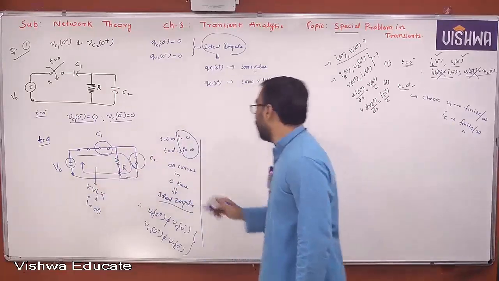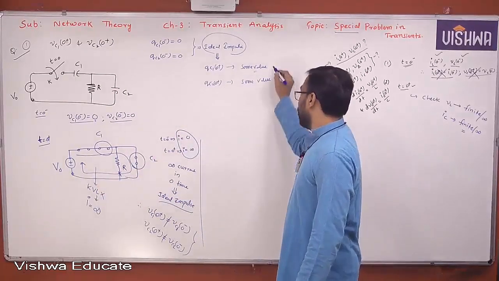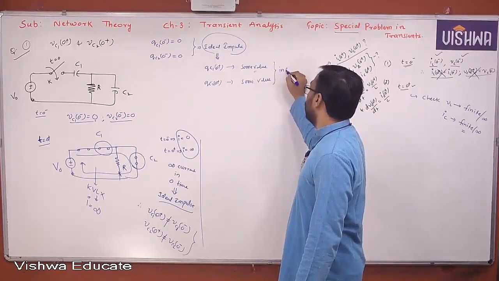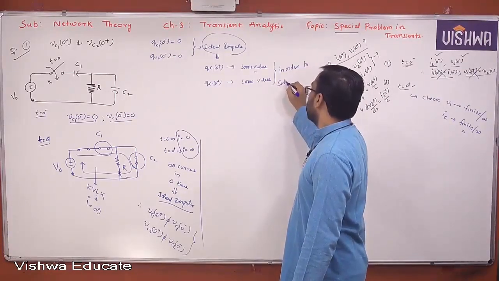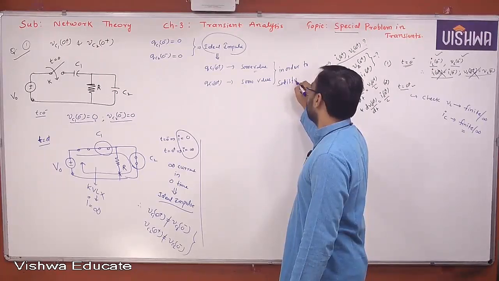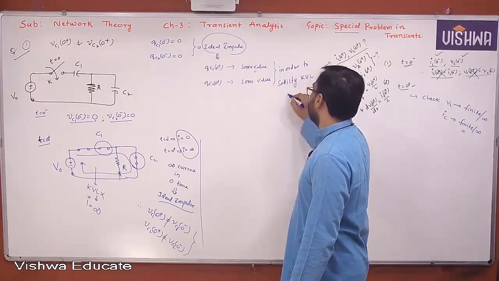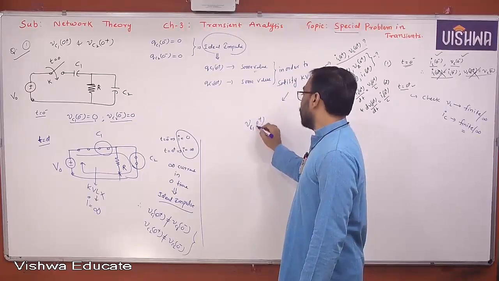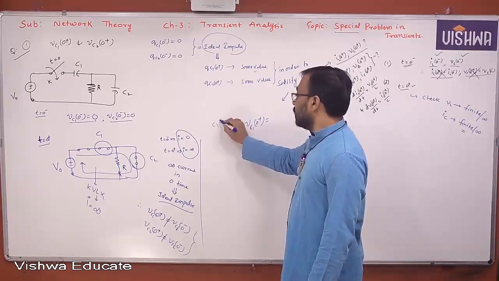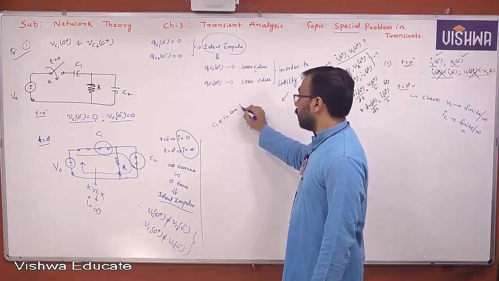To satisfy Kirchhoff's voltage law, what is VC1 of 0 plus? Because C1 and C2 are in series now. Yes or no?